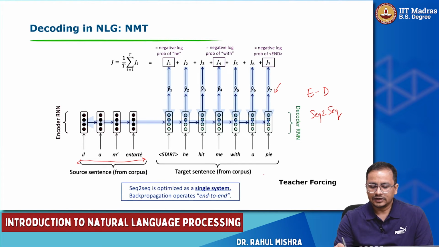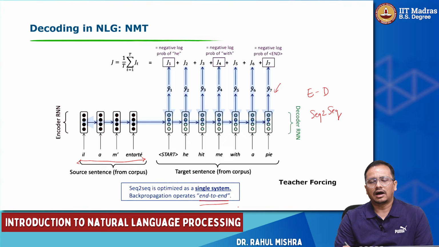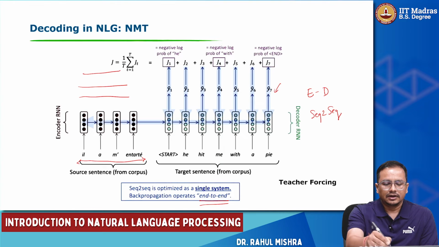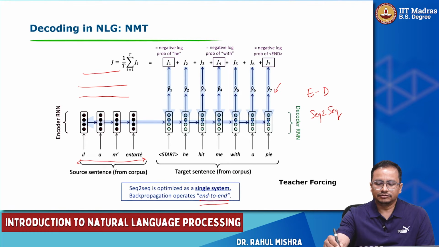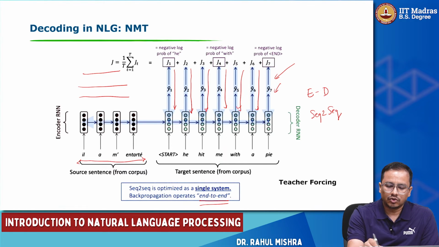This is also called end to end because it works as a whole. Even though there are two RNNs, maybe two LSTMs or bidirectional LSTMs, or not just that, it could also be multiple layers of LSTMs, a stack of LSTMs. But at the end of the day, when you are training, it behaves like a single module. So when you compute the loss, the gradients will flow from the decoder to the encoder also.